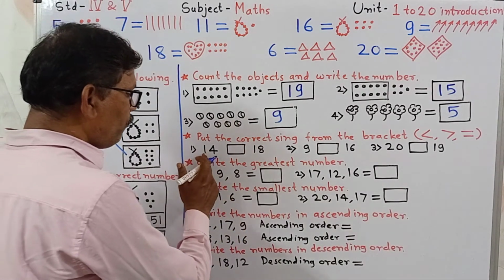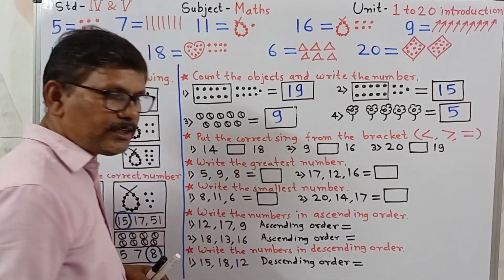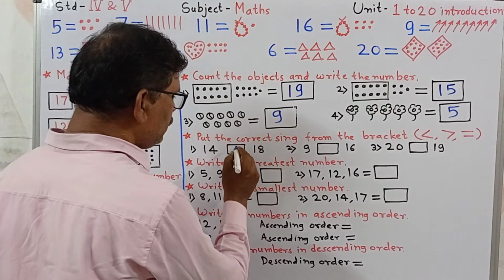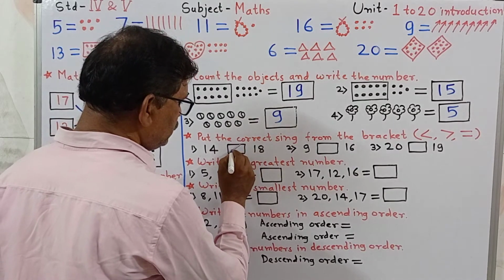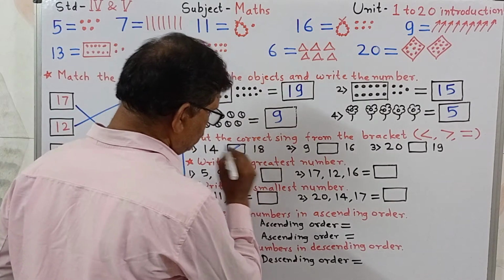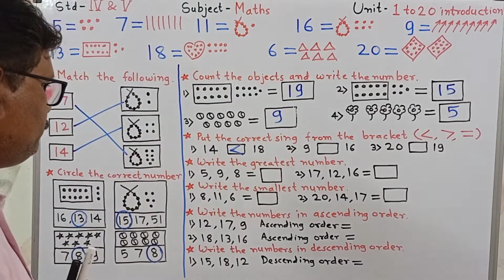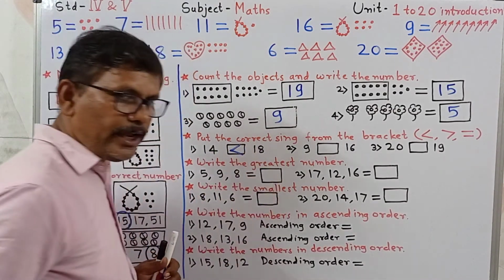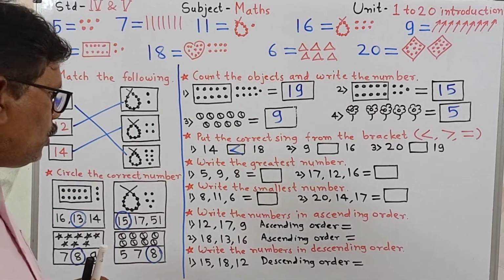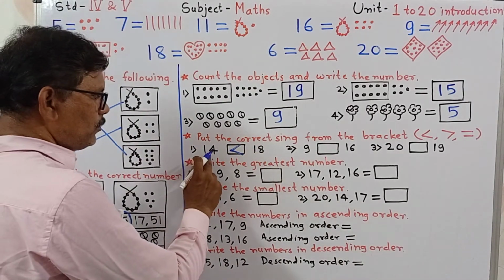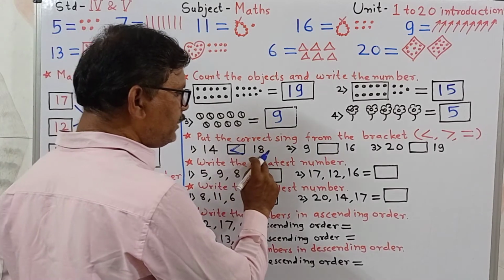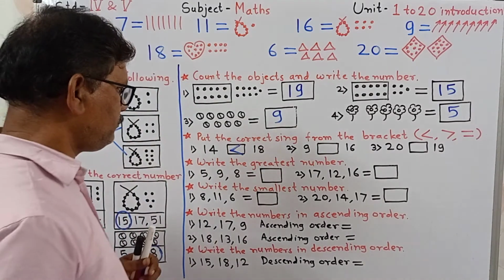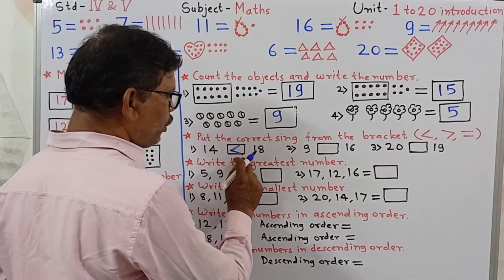So 14 and 18. 18 is greater. 14 is smaller. So here is smaller than. 14 is smaller than 18. How to read it? 14 is smaller than 18. The sign is smaller than.